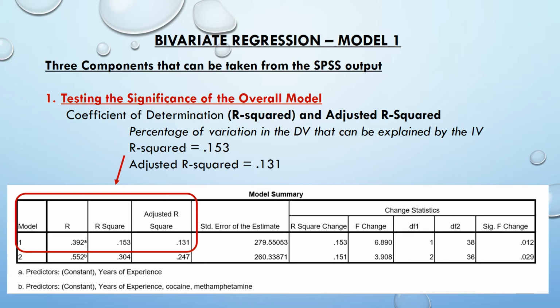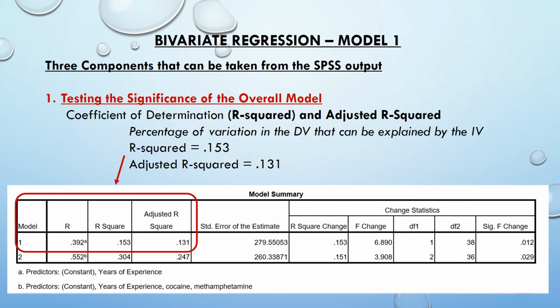Typically, when it comes to which one should I report, do I report R squared? Do I report adjusted R squared? What do I do? Adjusted R squared is the go-to because it tends to adjust for discrepancies or errors or over predictions that R squared handles.